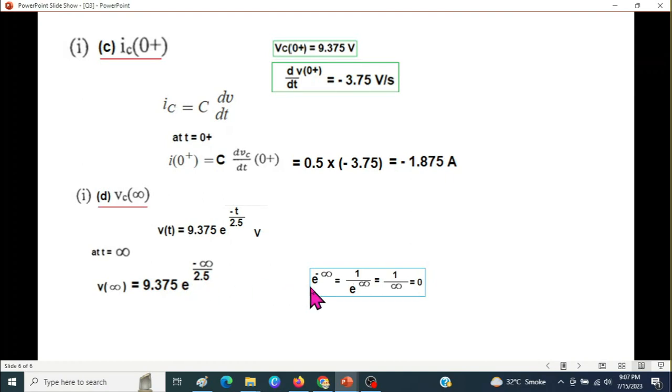So we can write e raised to the power infinity, which can be written as 1 divided by e raised to the power infinity. E raised to the power infinity will be infinity. 1 divided by infinity will be 0. That means this whole term will be 0, and that means V infinity will be 0 volt. So this is the answer.